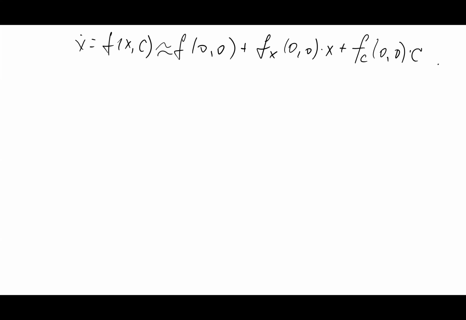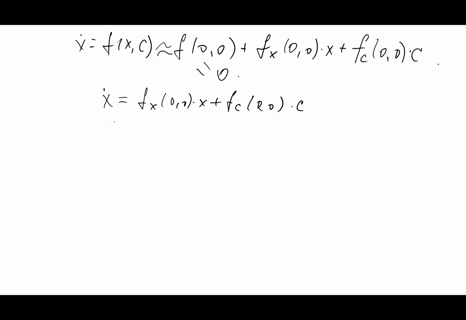This is 0 because it's an equilibrium, and therefore x dot will be equal to the derivative of f over x times x plus the derivative of f over c times c.